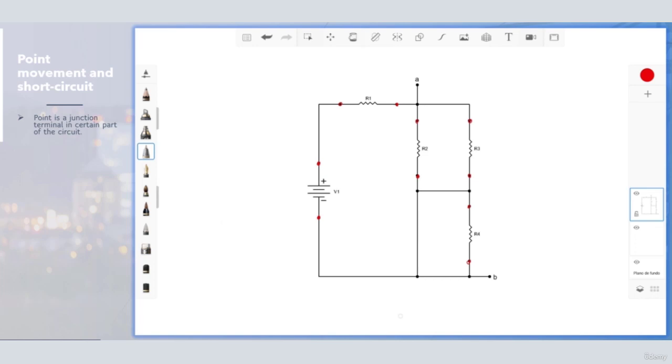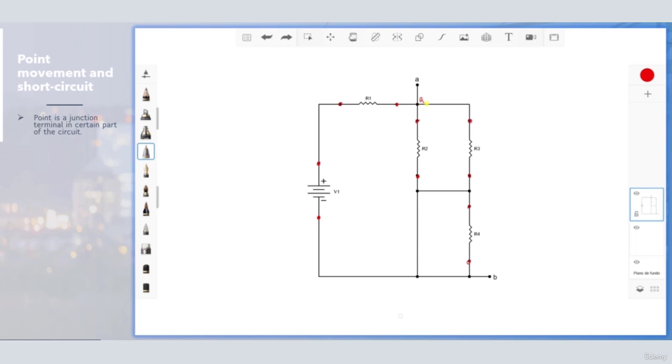So looking at the circuit starting from the battery, we have no junctions here, but we have a junction here. This junction already has a name, A, and this is called the same point because there is no element here. And continuing, this A can be here and also here, but cannot go to this point here because there is an element blocking this point to go from here to here.